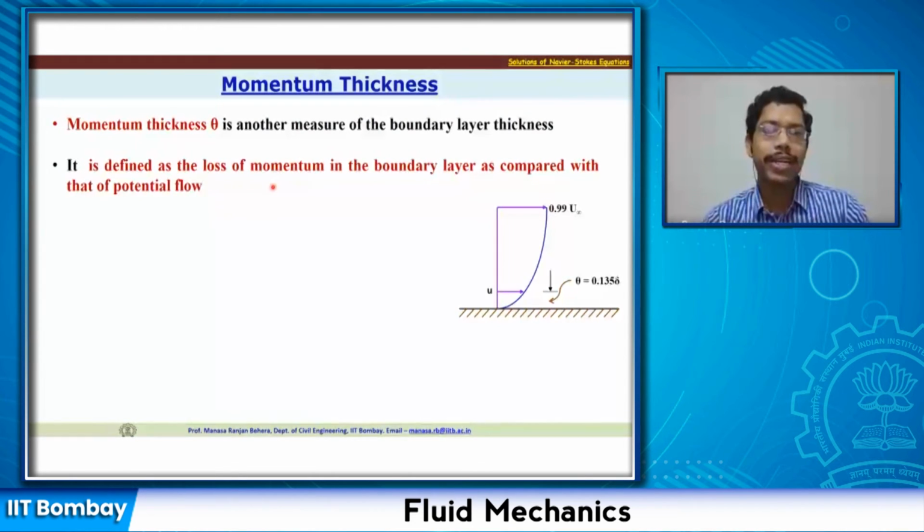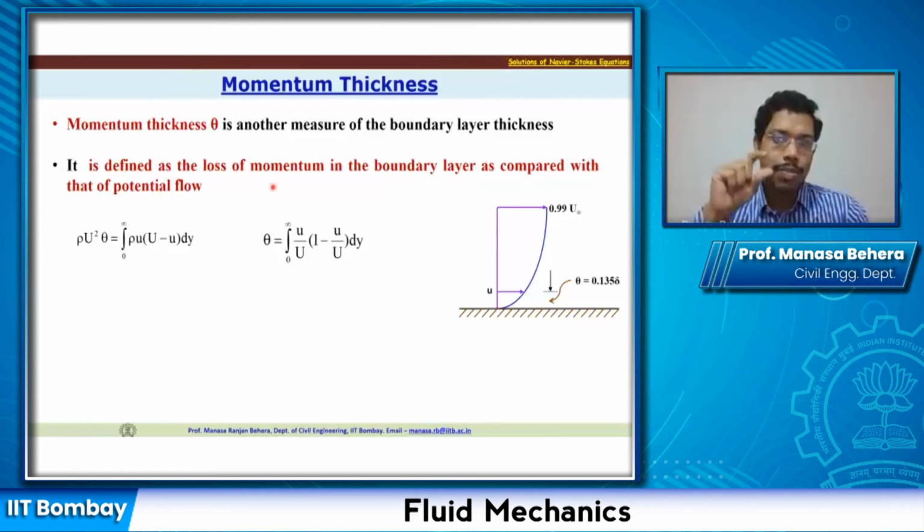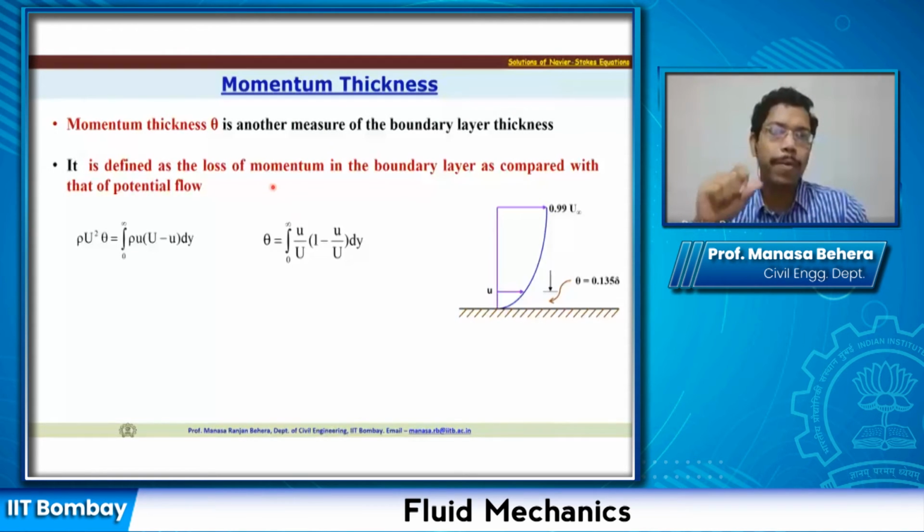And if we write it in a mathematical way, we can write rho u square theta, the momentum in the momentum thickness theta, equals integration 0 to infinity rho u multiplied by (U minus u).